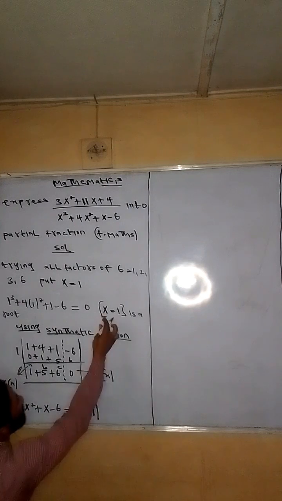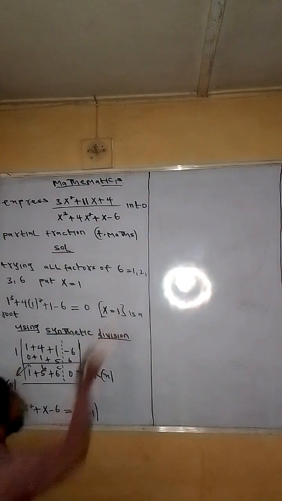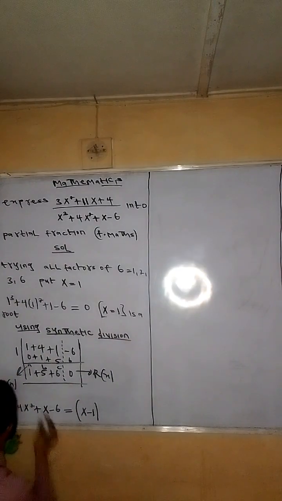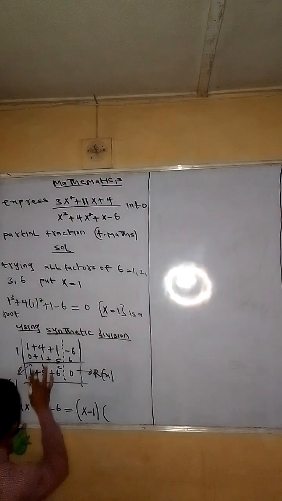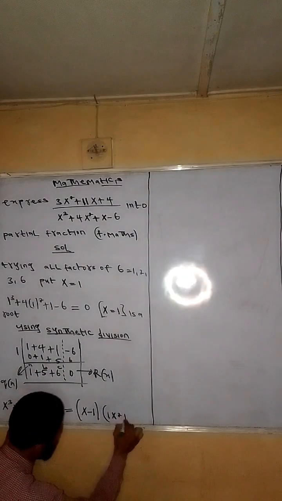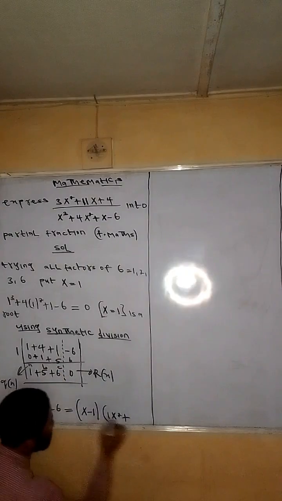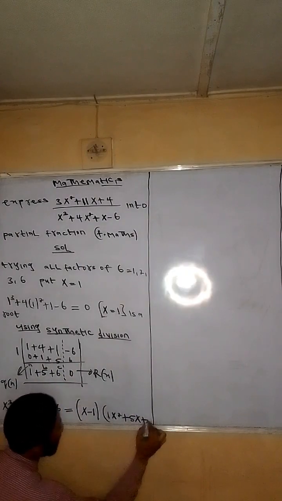How did I get x minus 1? If x equals 1, bringing x back becomes x minus 1, then everything you are seeing here forms a quadratic equation. As this is A, we have 1x squared, this is B, we have 5x, and this is C, we have 6.